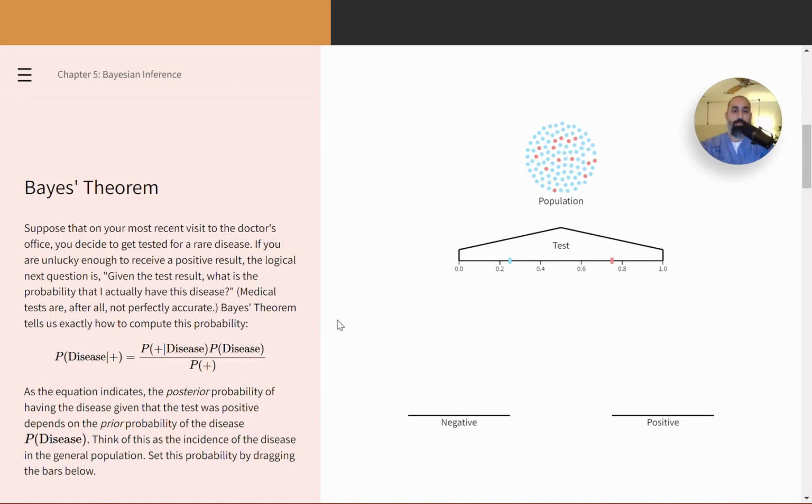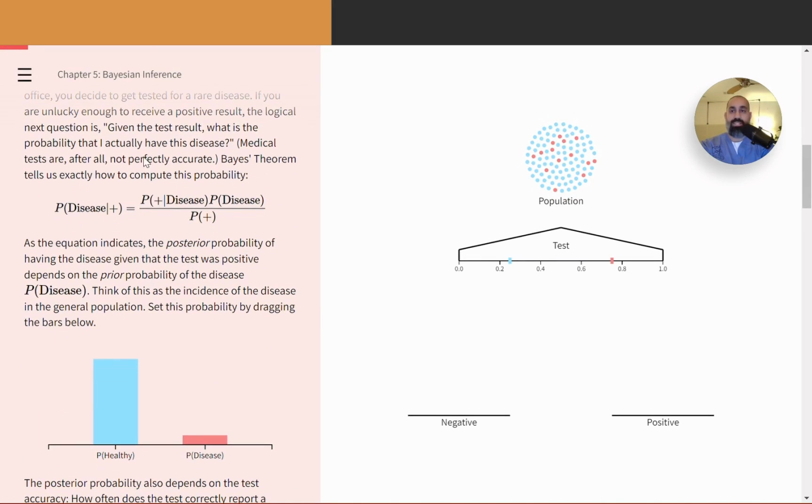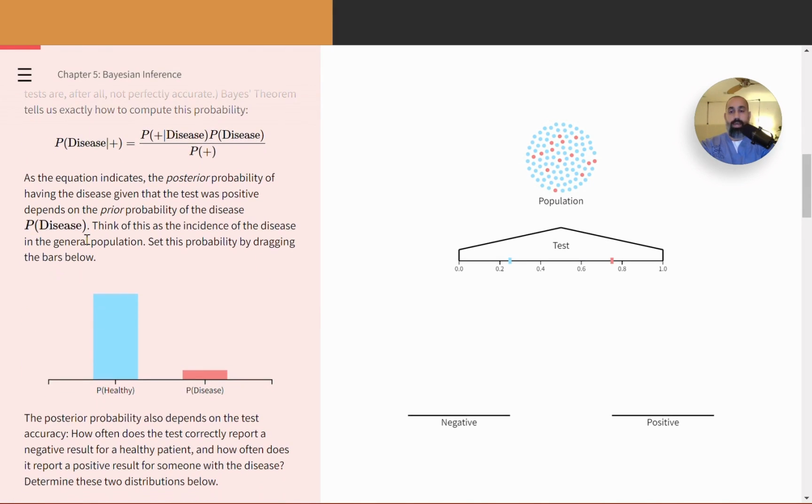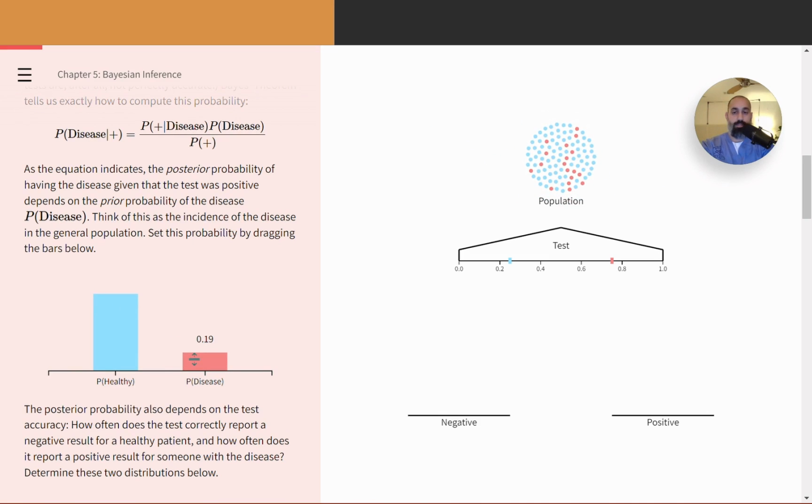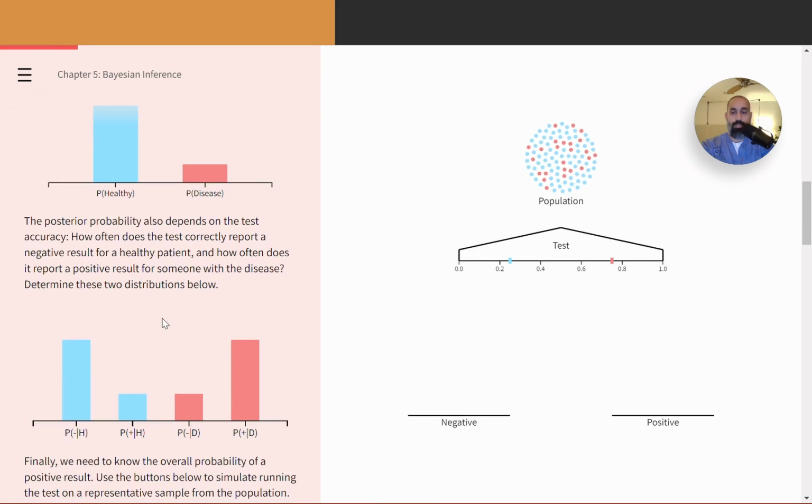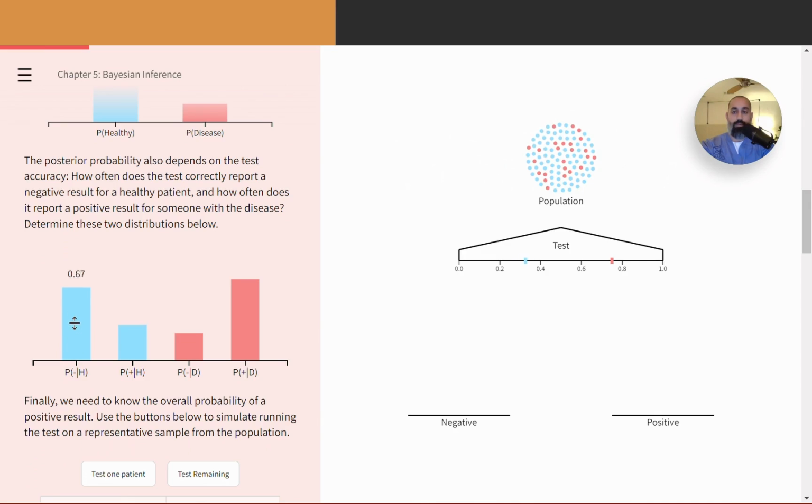Here's another way of seeing the same thing. This is a beautiful website. I encourage you, seeingtheory.brown.edu. And basically, you can play around with how common you think the disease is. If you think the pretest is 20% or 19% there, you can play around with how sensitive or how specific the test is.